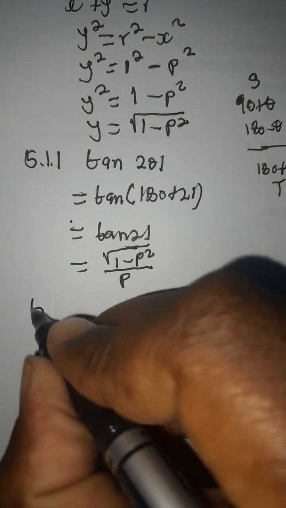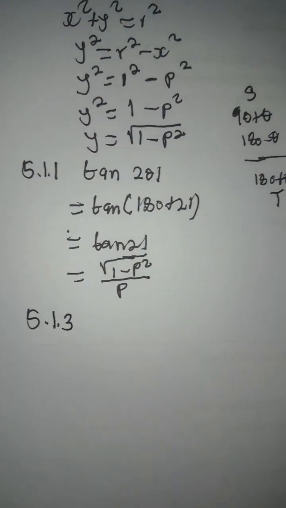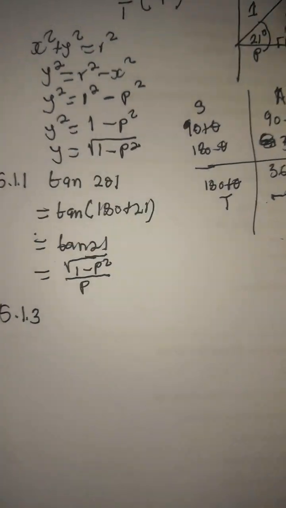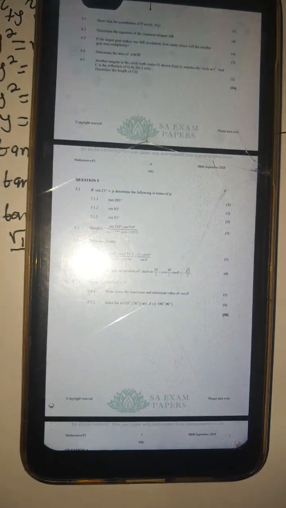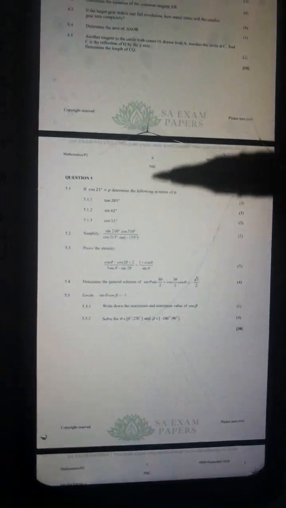I want us, guys, to look at 5.1.3 in this case. When we look at 5.1.3, it says determine the following in terms of p: cos 51. I'm jumping ahead here.